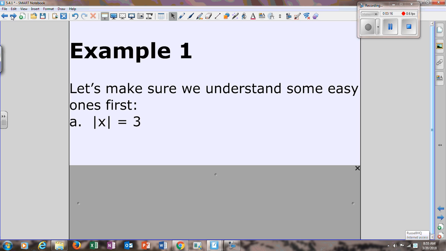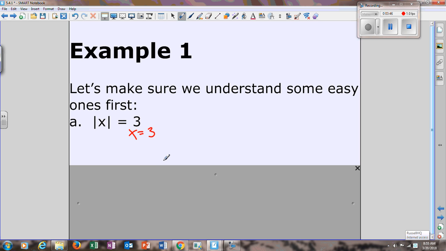Example 1. We're going to look at some easy ones first, and then we're going to move into the hard ones as this section continues. It's going to be a 4-day section. So let's make sure we understand the easy one. If it's an absolute value of x equal to 3, you need to remember that there's 2 possibilities. Most people would just say x equals 3.